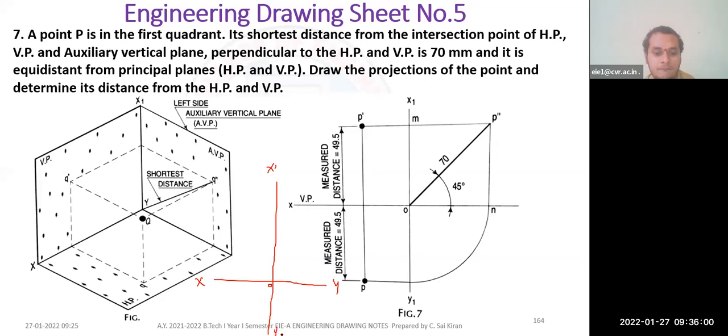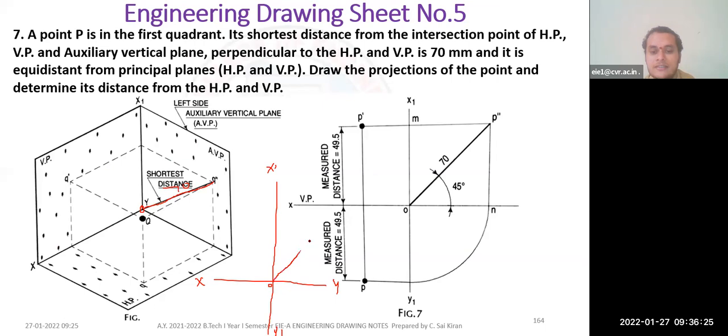If you see this point, wherever the intersection is, where the HP plane, VP plane and AVP plane are touching, from that point it is the shortest distance. It is the shortest distance of 70 mm they have told. So what you have to do is, from here take a protractor and mark an angle of 45 degrees.